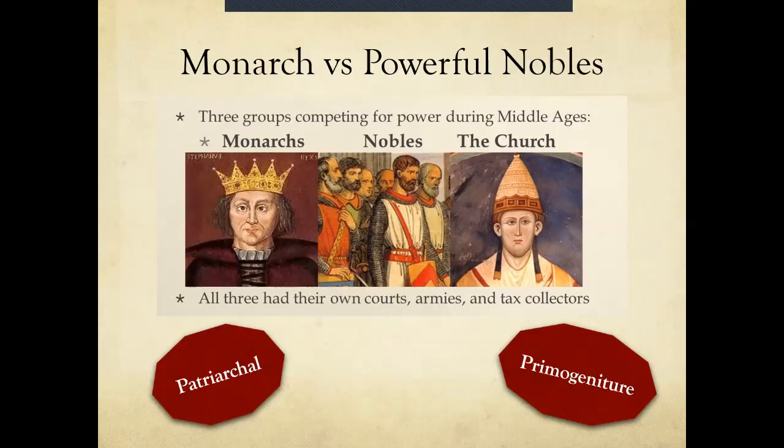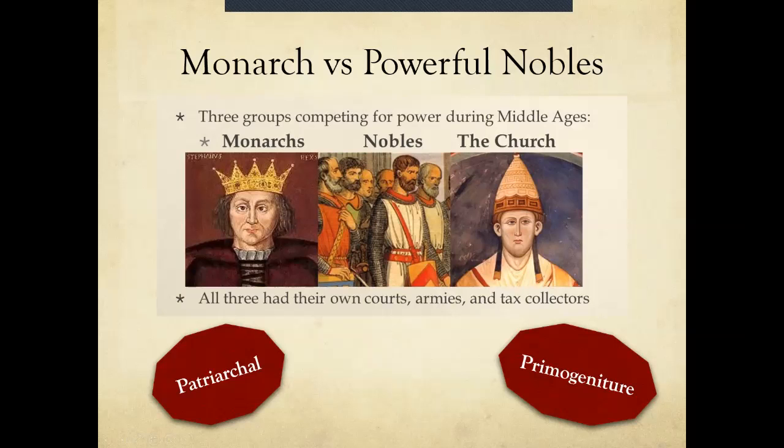All of my wealth would go to my oldest son. I would not divide it up equally among my 5 or 6 children. Everything would go to the oldest son, who would then pass it down to his oldest son. So this is primogeniture. Primo meaning first, geniture talking about generations, the children within the family.